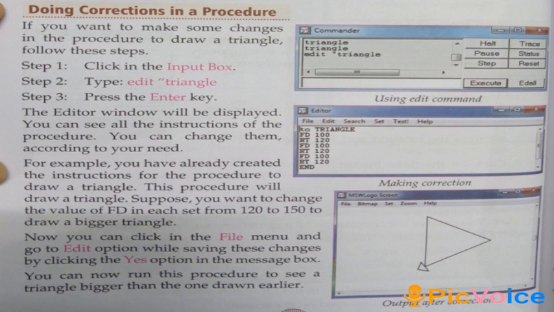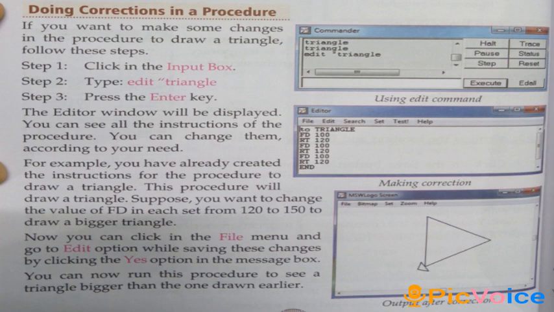You can see all the instructions of the procedure. You can change them according to your need. For example, you have already created the instructions for the procedure to draw a triangle. This procedure will draw a triangle. Suppose you want to change the value of FD in each set from 120 to 150 to draw a bigger triangle.